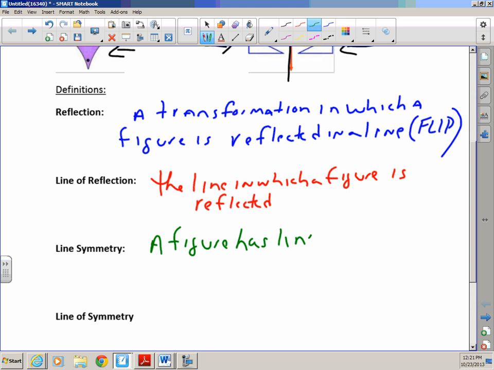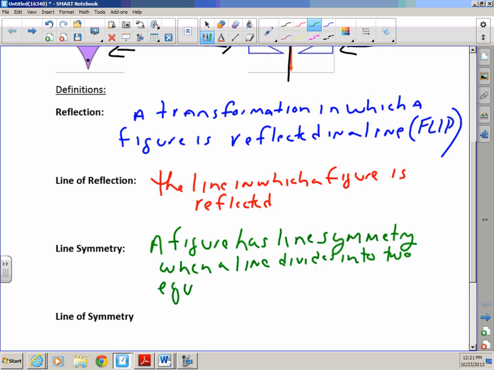Line symmetry means when a figure has line symmetry, a line divides it into two equal parts. So a very simple example, if I take capital letter A and draw a line down the middle of it, I'm sorry that it's not very accurate, and fold over that line, A would fold upon itself.